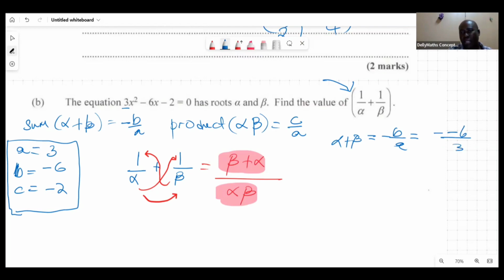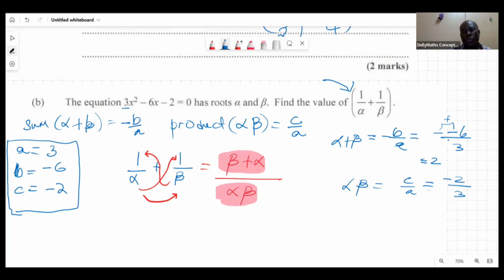So we have positive 6 because these two negatives will become positive. 6 over 3 is 2. All right, so the sum is 2. The product is going to equal c over a, and c is negative 2, a is positive 3. So we have negative 2/3.